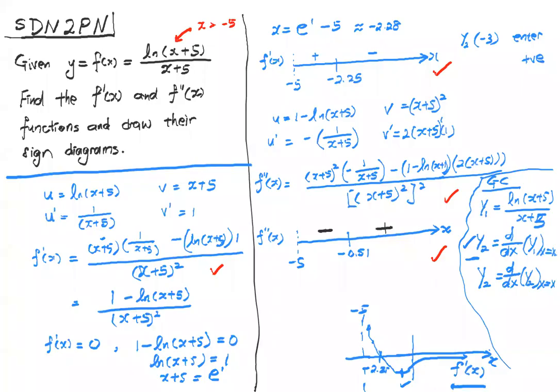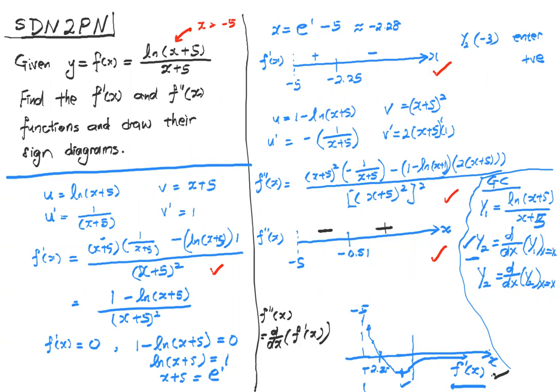Just now my sign diagram is wrong, because I was thinking of the fx graph. This is the f prime x graph. So f double prime x is the rate of change of f prime x.